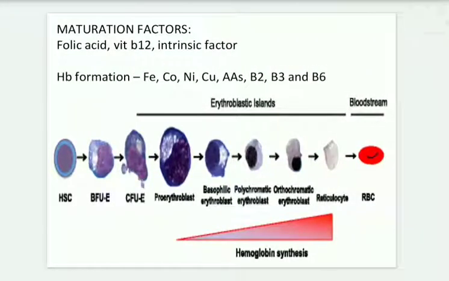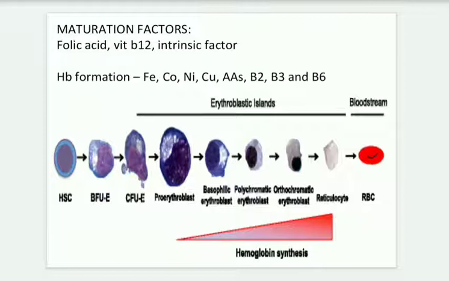Next come the maturation factors like folic acid, which is also helpful in anemia, and vitamin B12 and intrinsic factor. And what are the factors necessary for hemoglobin formation? There is iron, cobalt, nickel, copper, amino acids, vitamin B complex, etc. So these are the factors for erythropoiesis.